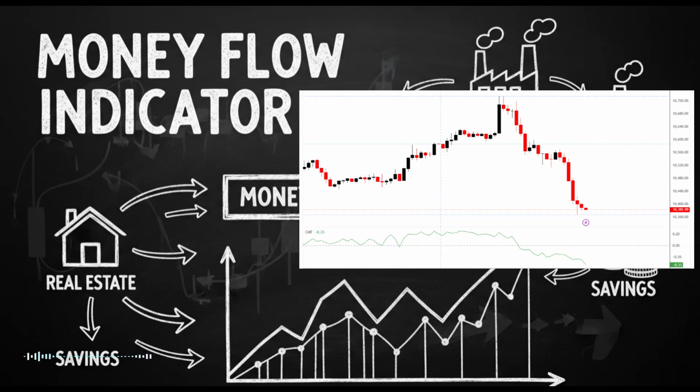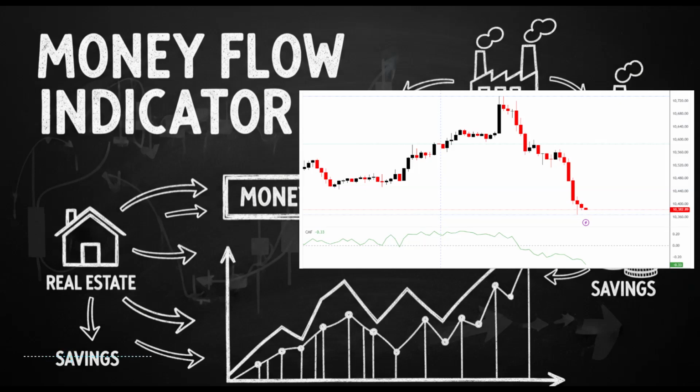If it kept closing near the lows, again on high volume, that pointed to serious selling pressure, distribution. So the CMF was built to basically quantify that intuition, to put a number on it and graph it. You got it. To graphically show that underlying strength or weakness behind the price moves, it gives you a deeper look into what the market's really doing, like seeing how people are voting with their wallets.